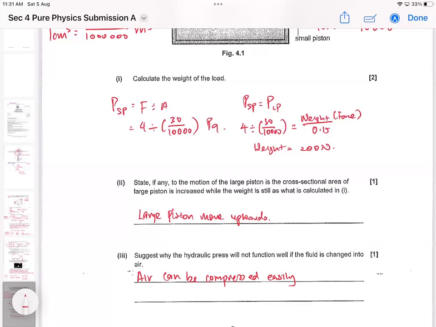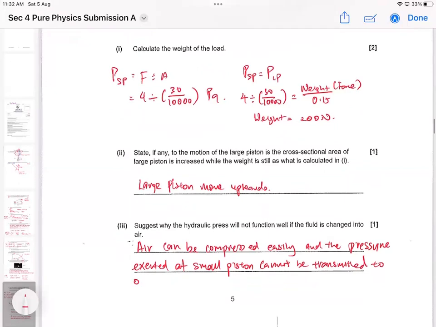Okay. So you said because the air can be compressed easily, I'm going to use exactly what you have written here. Okay, and that the pressure exerted at the small piston cannot be transmitted to the other piston.